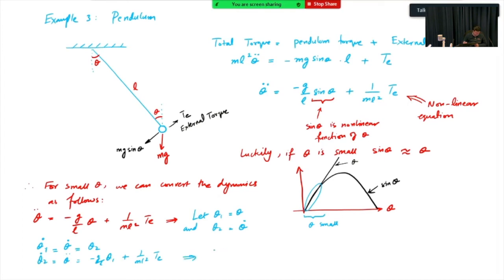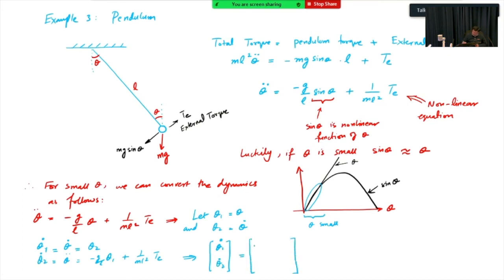So this gives you the state space representation where you have theta 1 dot, theta 2 dot in matrix form.